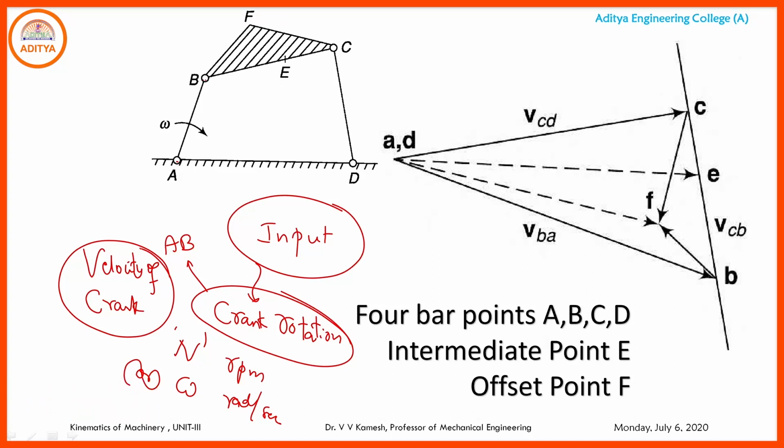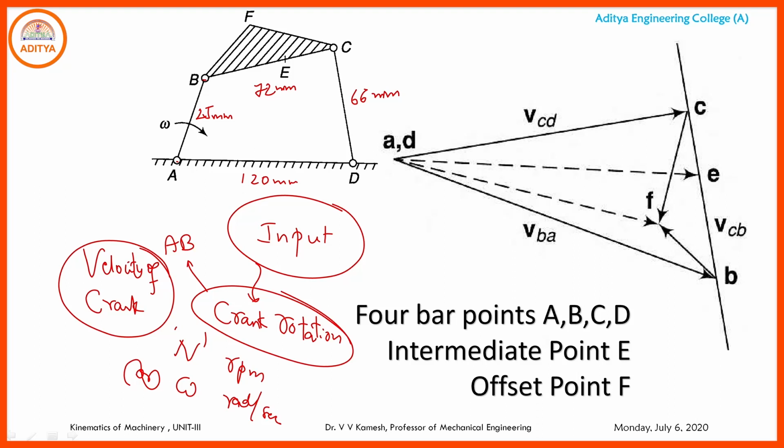Initially we will be supplied the lengths AD, AB, BC and CD. Let us take some arbitrary numbers to represent: AD may be 120 mm, AB 25 mm, BC 72 mm and CD 66 mm.